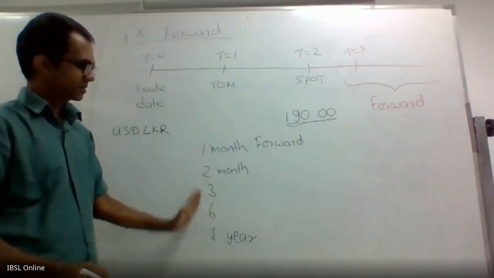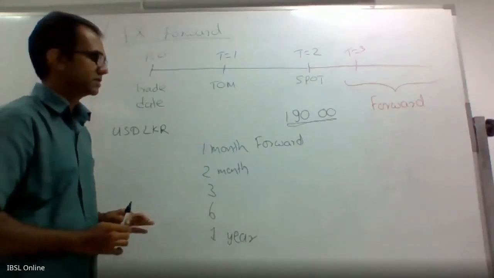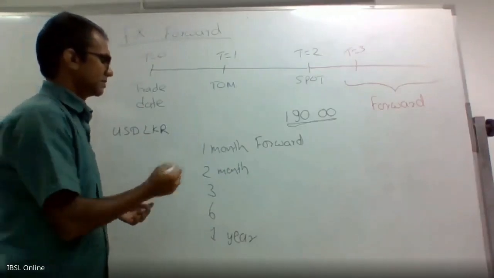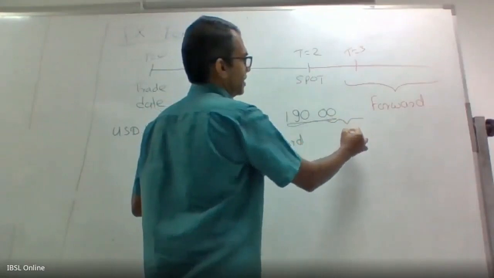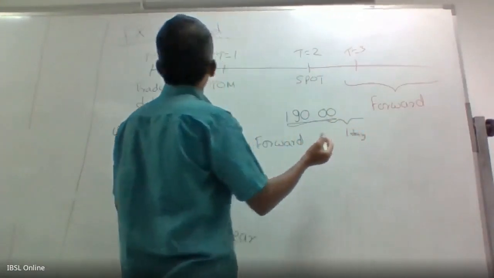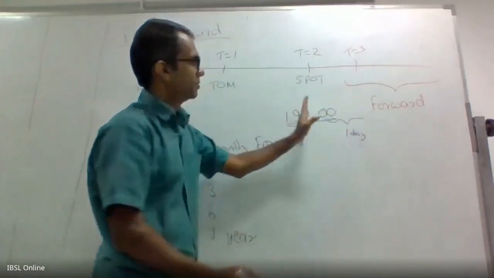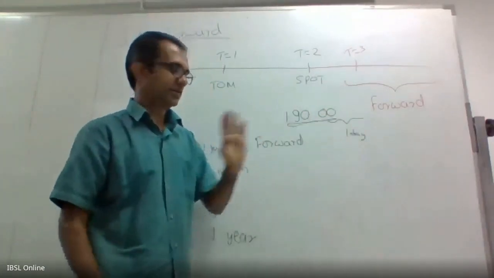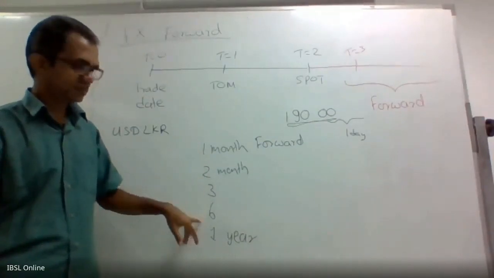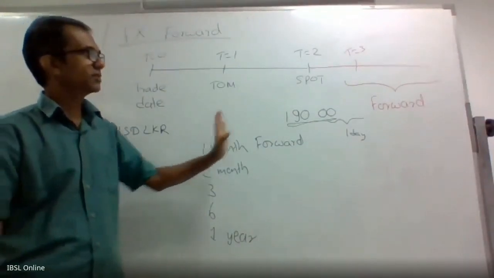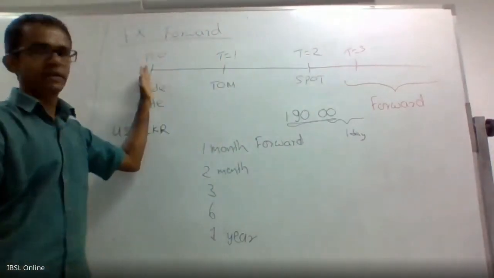We call these standard settlements, but in a forward transaction, it may be just a 1 day forward. That means from here altogether 3 days, but beyond spot it's 1 day. Remember that all these, 1 month, 2 months, 3 months, 6 months, 1 year, are counted from the spot date, not from the trade date.